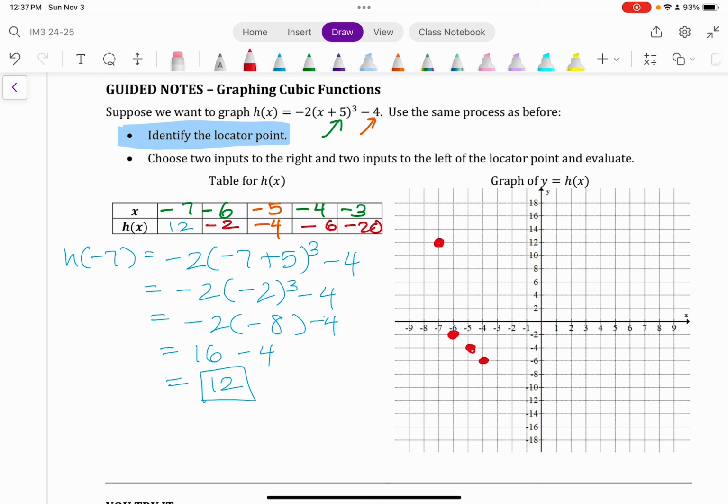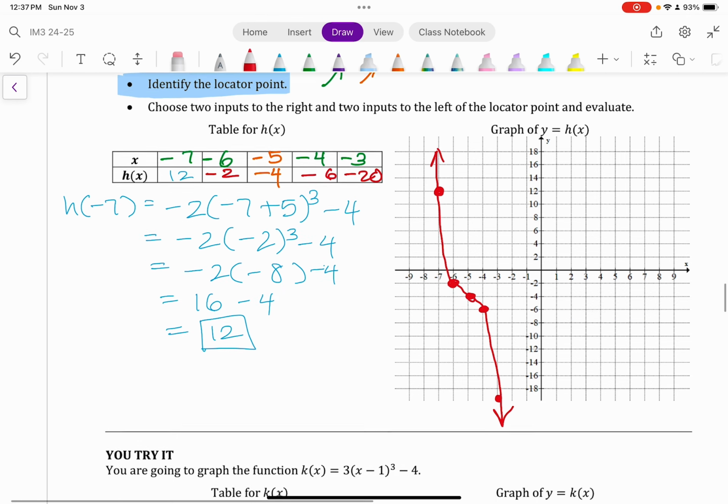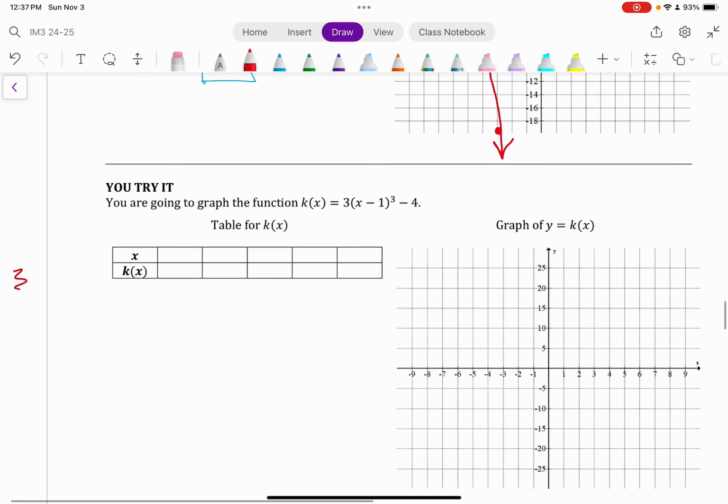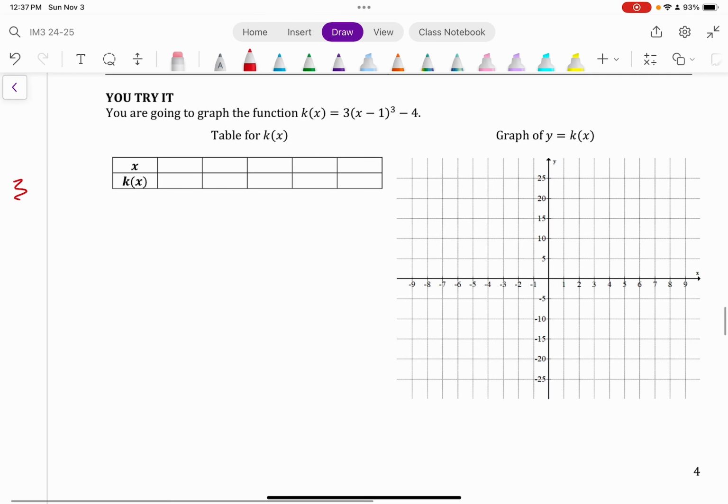Finally, -3 and -20. All right, I'm going to try real hard here to go through the points. There we go. So we get a squiggly. Great. This is what your solution should look like. Perfect. You're going to try the next one. Pause the video at this time to try this problem on your own.